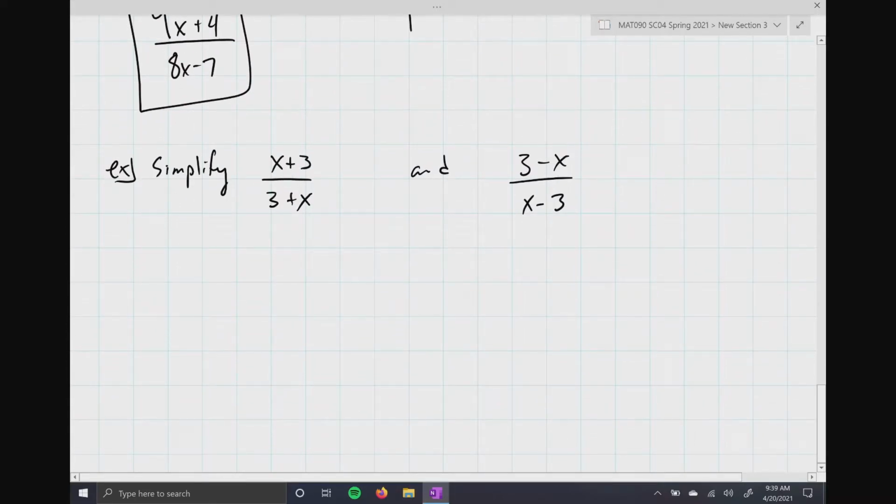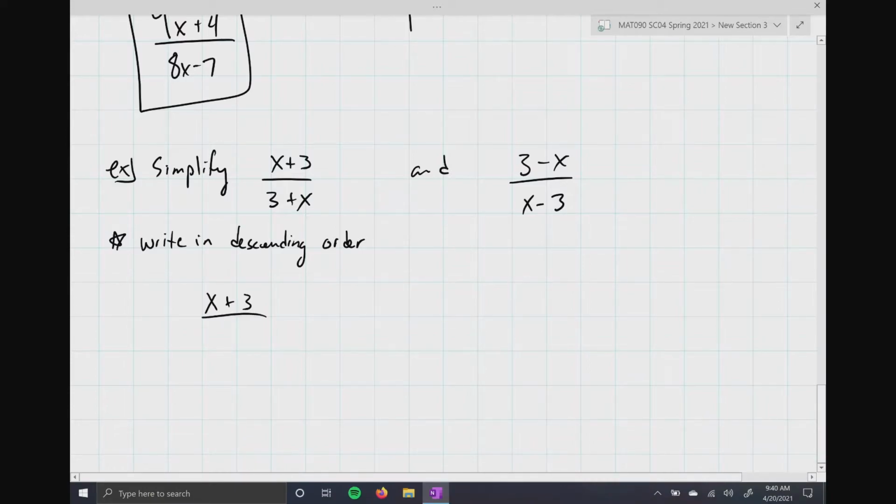All right, so for the first one, the x plus 3 divided by 3 plus x. What I'd like to do, and the book doesn't say this, but this is just me, regardless of the numerator or denominator, I always just like to write things in descending order. Okay? So the x plus 3 in the numerator, that's already in descending order.